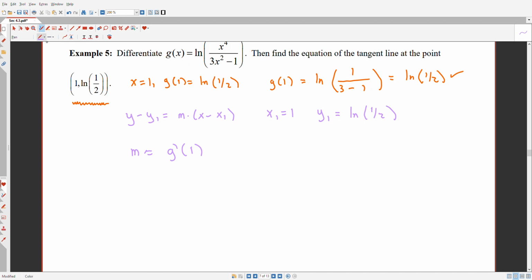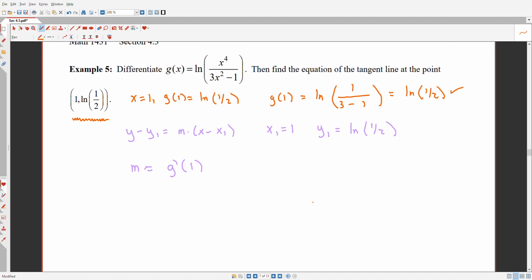Okay, so finally we get to go back to differentiating some log stuff. And you'll notice, since g of x has this appearance, if we wanted to start differentiating this right away, what we would get is 1 over that fraction, and then times a derivative of that fraction, and we would use the quotient rule and get a bunch of stuff that we would need to carefully sort out.